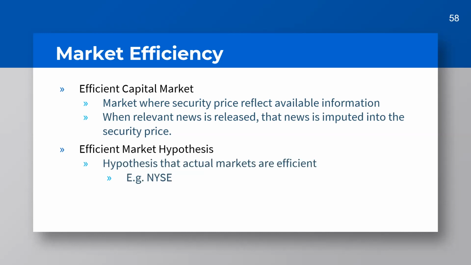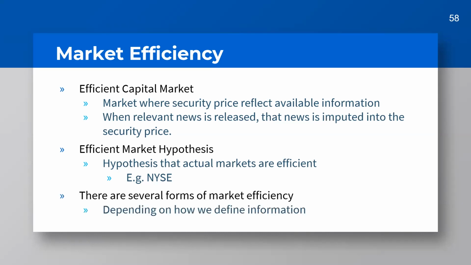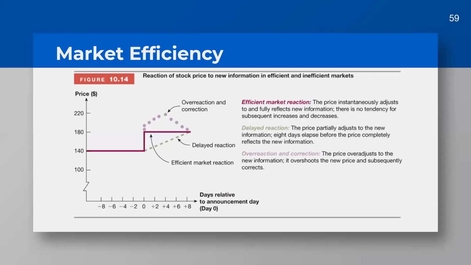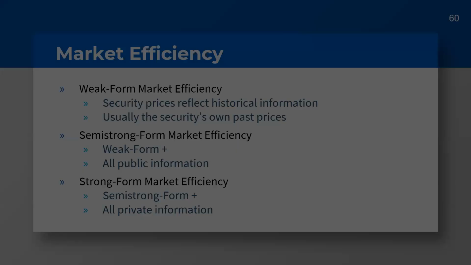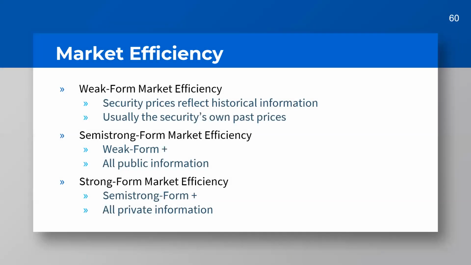Coming out of this idea of an efficient capital market is the efficient market hypothesis, which is basically just that stock markets are efficient. Like I said, depending on how we define information, there are a few different forms of market efficiency. The first is weak form market efficiency.